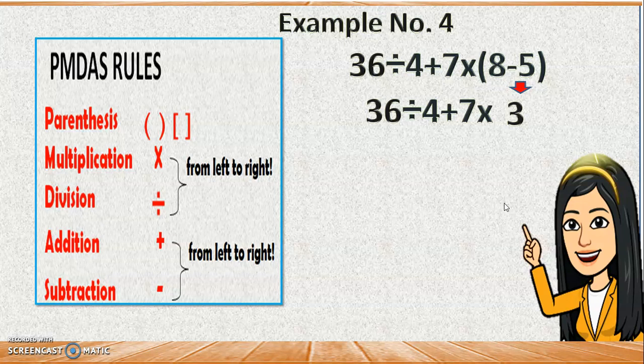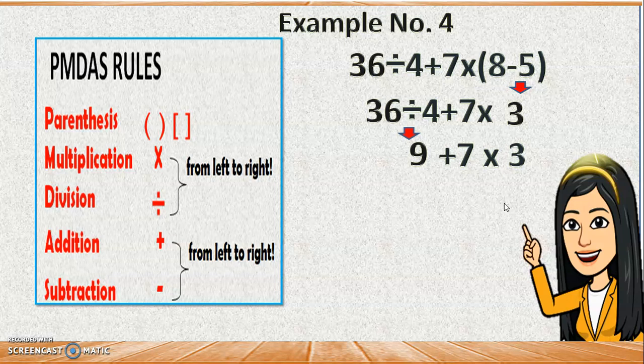So, the next step is the multiplication and the division from left to right. Alin ba dyan ang nasa left? Tama. It's the division. So, 36 divided by 4 is equal to 9. So, ibaba lang natin yung other number. Plus 7 times 3. So, the next step pa. 9 plus 7 times 3. Anong mauna?